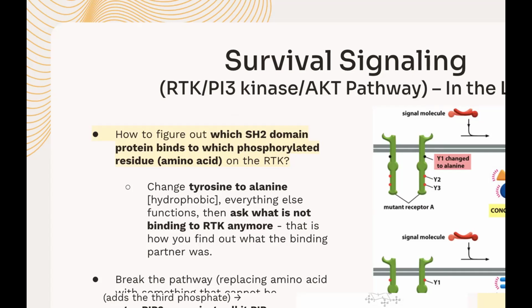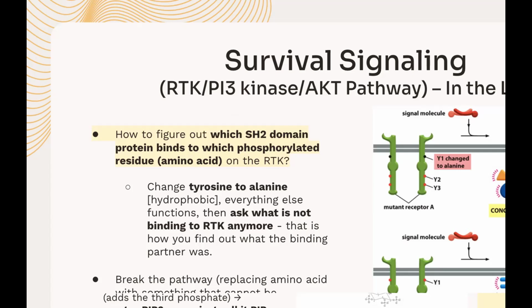So what does RTK stand for? Receptor tyrosine kinase, right? So let's say we change that to an alanine, which is hydrophobic, and everything else functions. So what is not binding to RTK anymore? That's how you find what the binding partner was.